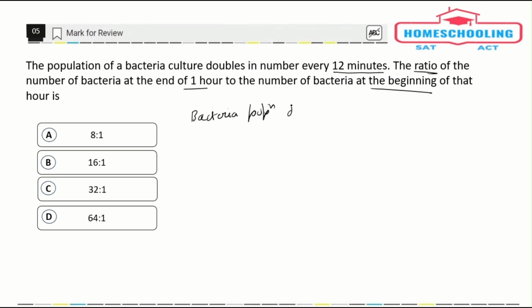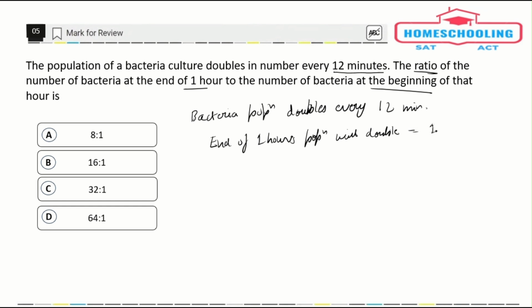So as the question says, the bacteria population doubles every 12 minutes. So at the end of 1 hour, the population will double how many times?